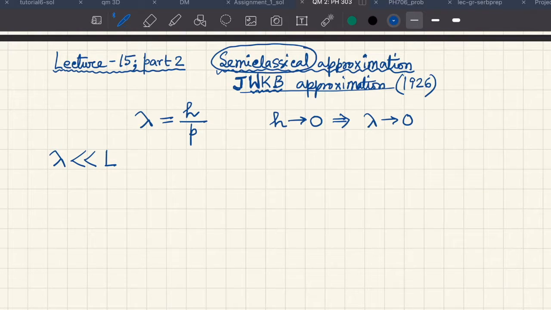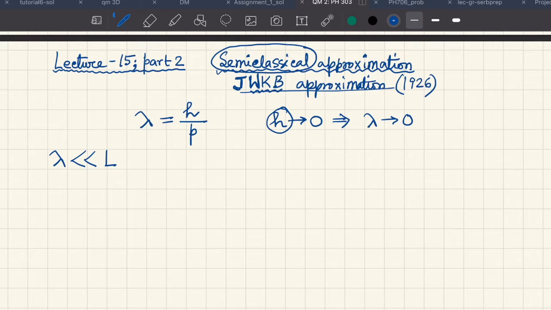Now, we all know that this h, or the Planck constant, is basically a constant of nature, and therefore we cannot really make h-bar or h going to 0.